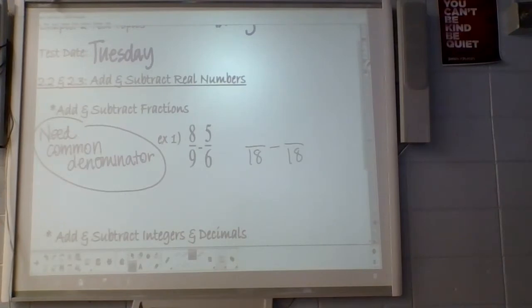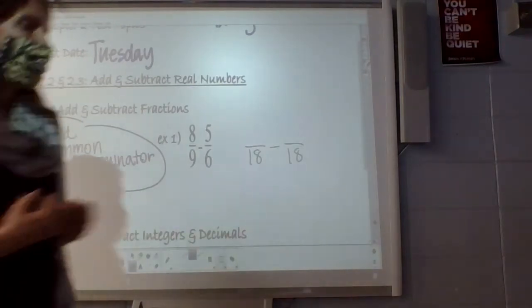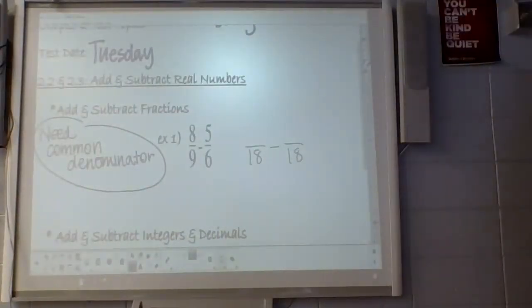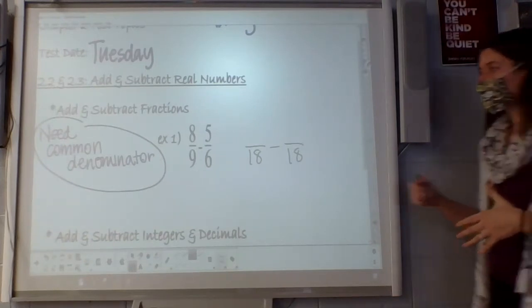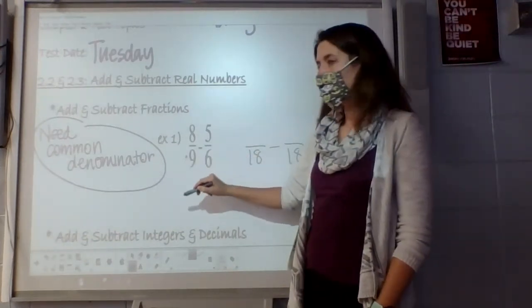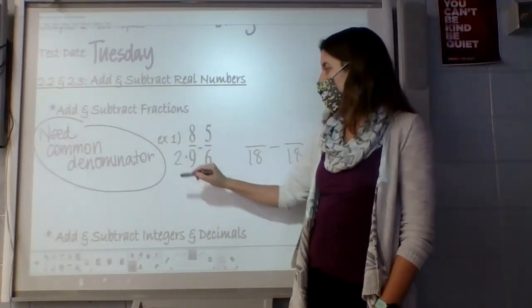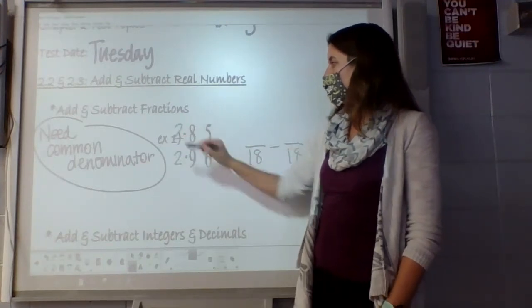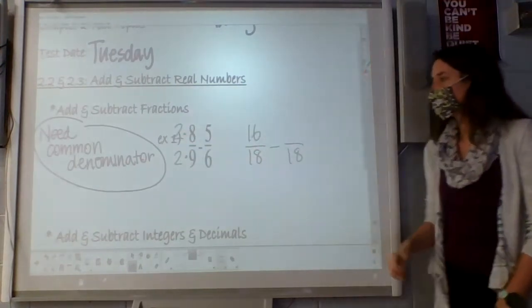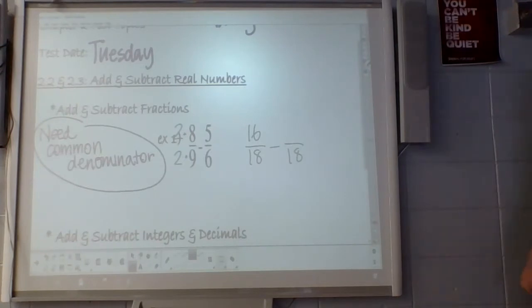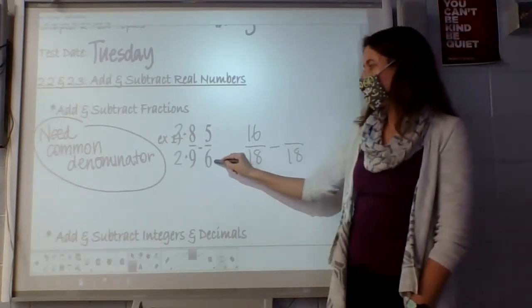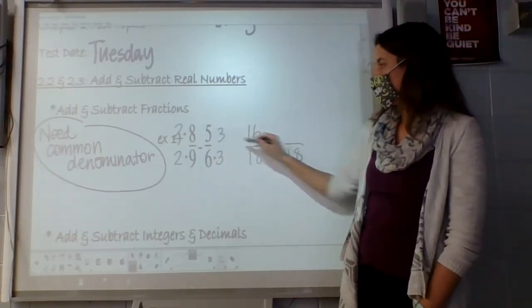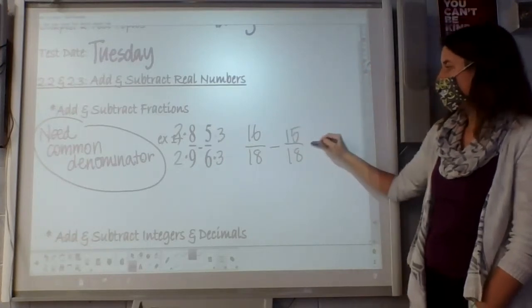We have 18 as our common denominator. Once I have that, if I change the bottom, I have to change the top. So I'm going to multiply 9 by 2 and do the same thing up here, and then multiply 6 by 3 and do the same thing up here.